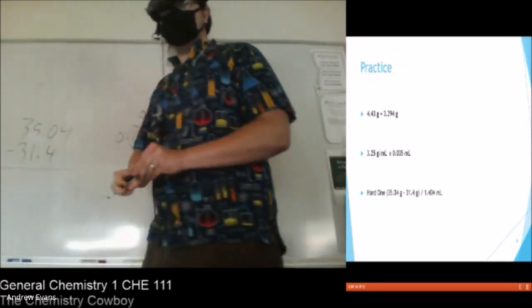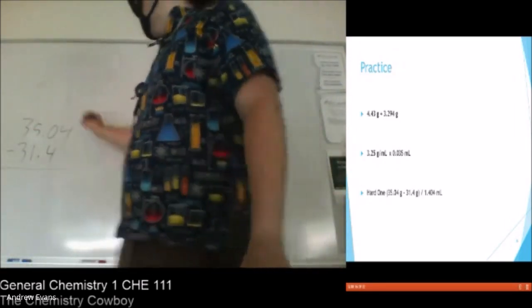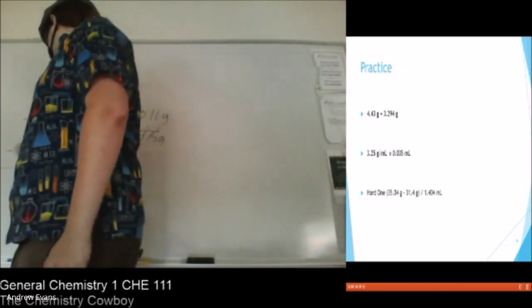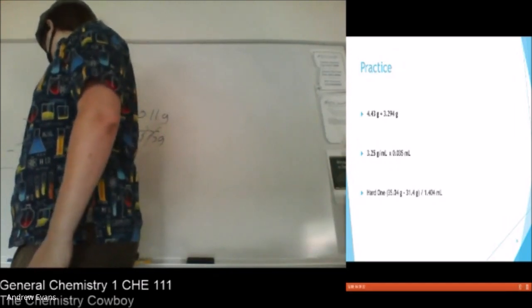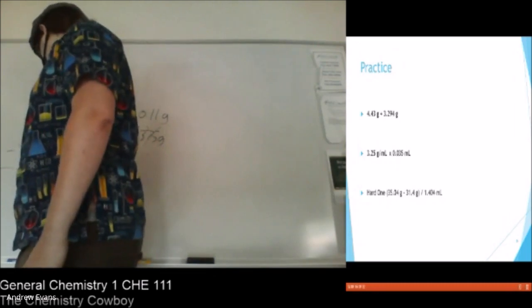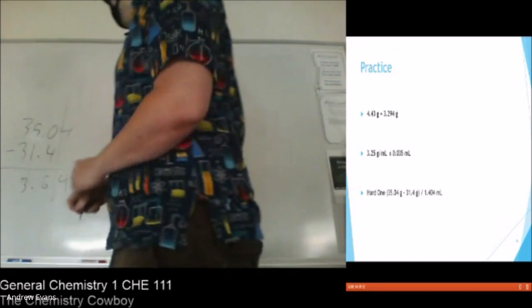So we want to do this systematically. So we draw this. In this case, we lost a sig fig from in front as well. Sorry, not 4, 3.64.